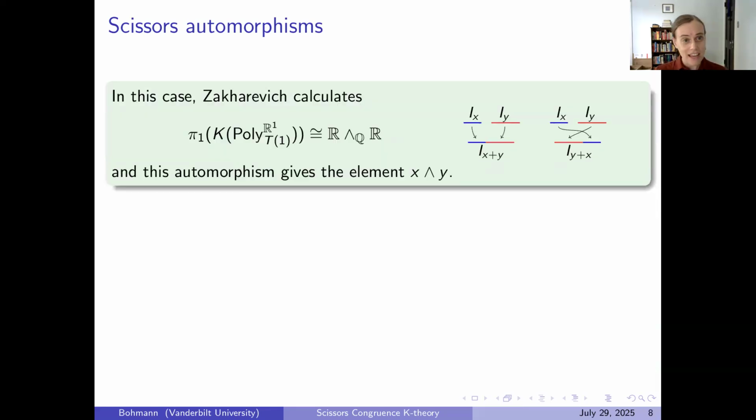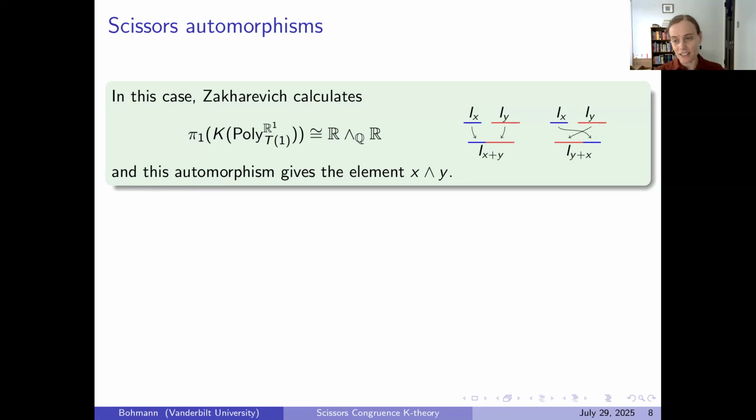This case comes from Zakharevich's original work, and she can actually calculate what this pi1 is: it's the exterior product of R with itself over Q. This automorphism gives the element x wedge y, which is maybe slightly less exciting since I chose integer values for the lengths of the intervals, but this is true regardless of what the lengths of the intervals are.